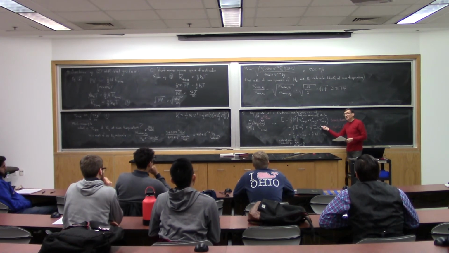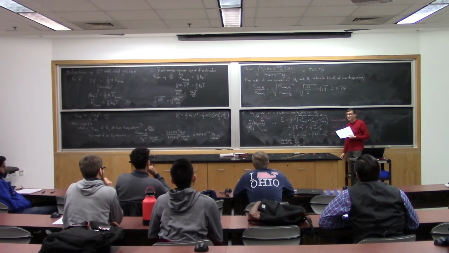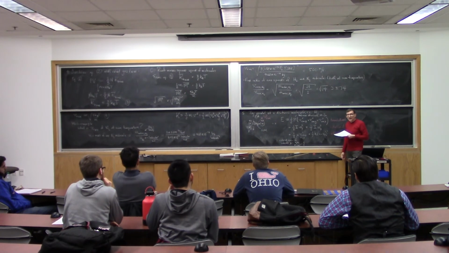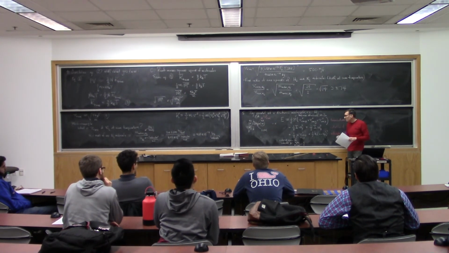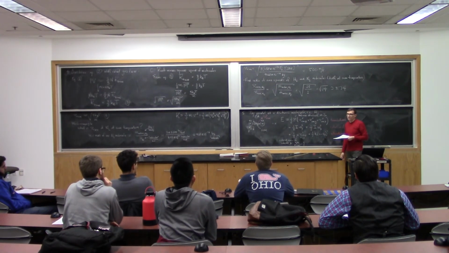But these have to be excited by collisions amongst the atoms or the molecules themselves. And if the temperature isn't high enough, the collisions aren't strong enough to excite these. Okay?